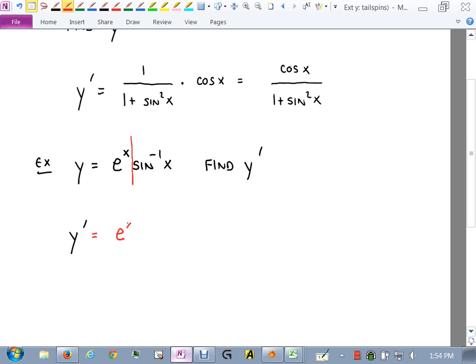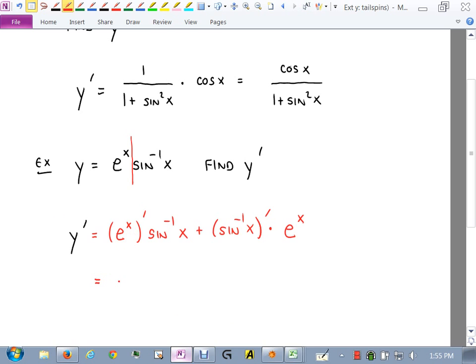I was still seeing on this last test a lot of people doing this, which is fine. So I'm going to do it this way. They were actually writing out what they had to do. That's your product rule. Derivative of the first one times the second plus derivative of the second one times the first one. So what is the derivative of e to the x? Itself, right?